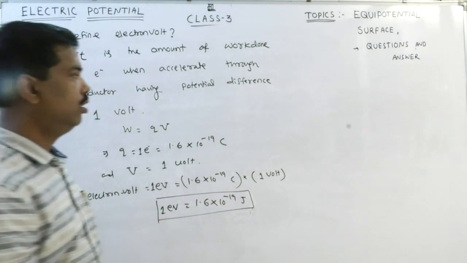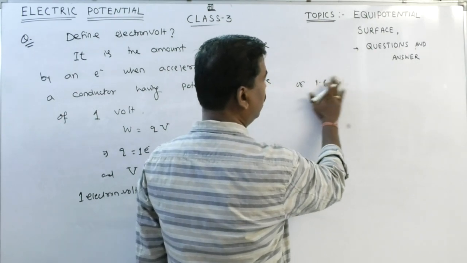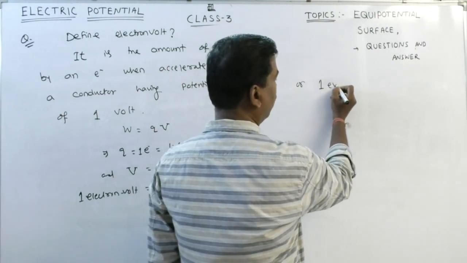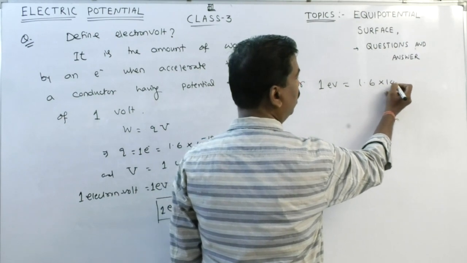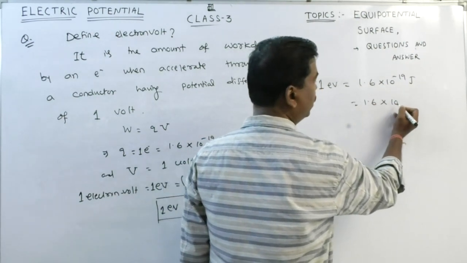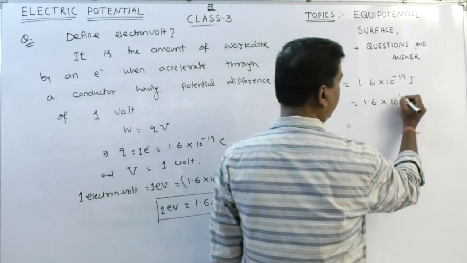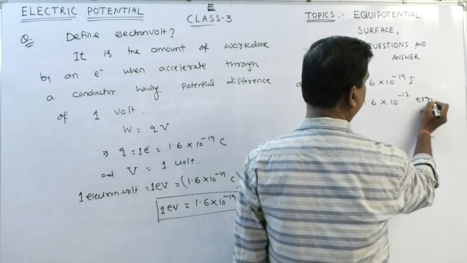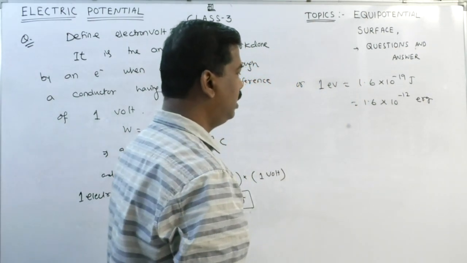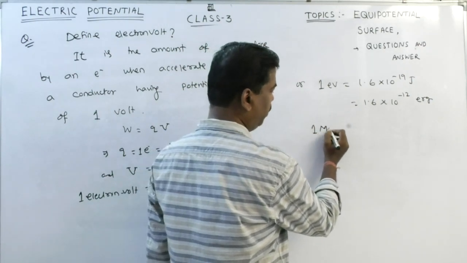Clear? So 1 eV is equal to 1.6 into 10 to the power minus 19 joule, and 1 joule is equal to 10 to the power 7 erg. It means 1 eV is 1.6 into 10 to the power minus 12 erg in CGS. The most commonly used unit is 1 MeV.